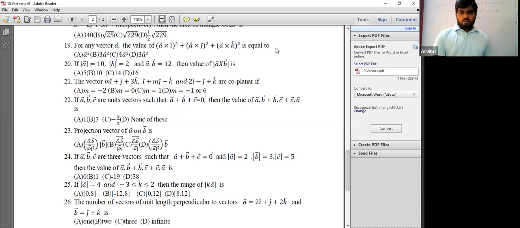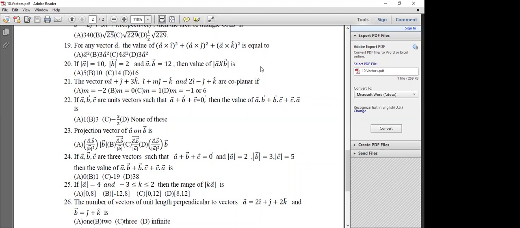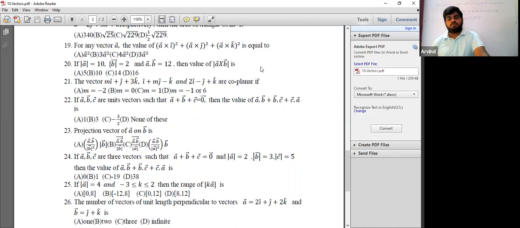So you have to find mod A, mod B, mod C values. That's it. So 4 plus 9 plus 25, 13 plus 25, 38, minus 19.